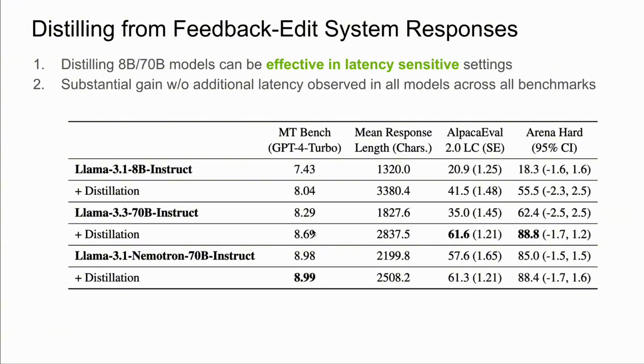And what we found was that for many of these tasks, for MT-Bench the improvement is not so much, but for many of the tasks, for example Arena Hard, we're actually able to get super high results just by doing this distillation. And yeah, I think this proves to us that this system can be a good teacher for doing distillation, similar to, for example, distilling DeepSeek R1 generations into smaller models.